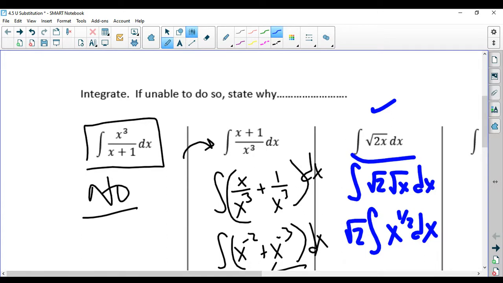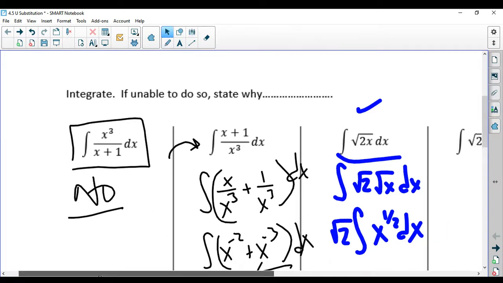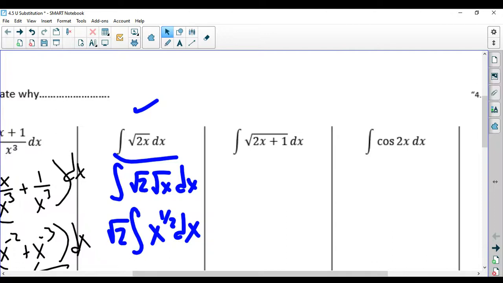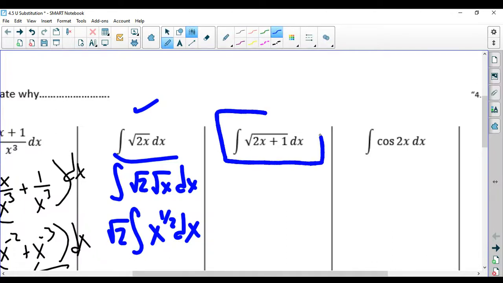A couple more here. This one. Now this is the key one. This is the one that we really want to take a look at. You can't split up a square root, so, just to remind you, you wouldn't be able to do this.